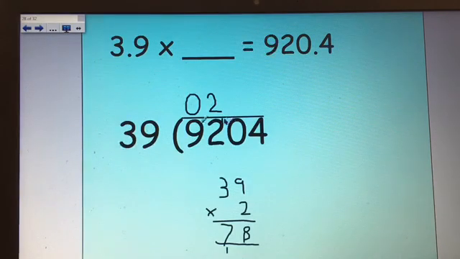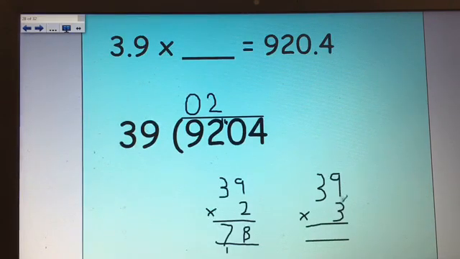How many times does 39 go into 140? Right, I'm going to round that to 40. 40, 80, 120, 160. It's got to be 3. So I'm going to do 39 times 3. Again, I'm sorry I'm not very good on this mouse. It's pretty tricky using the mouse anyway, but then I've got my phone in front of me recording.